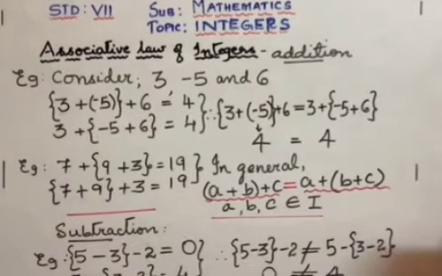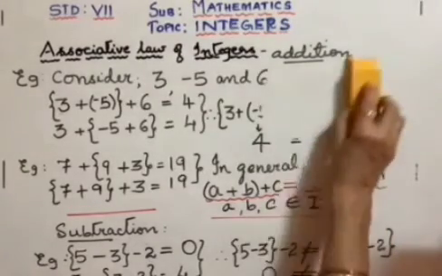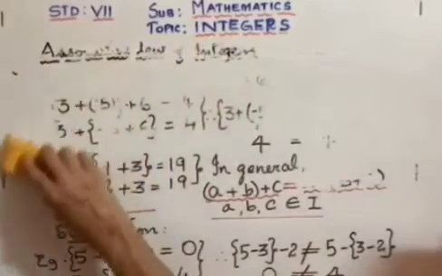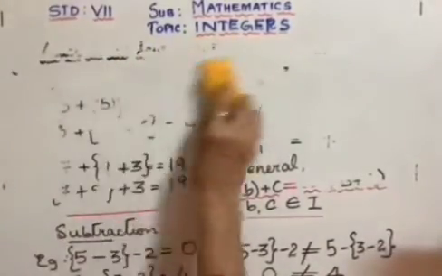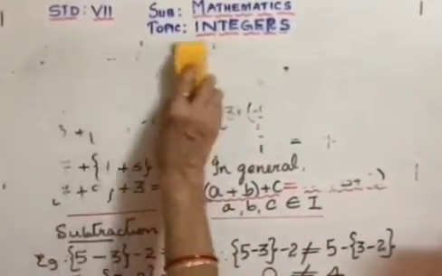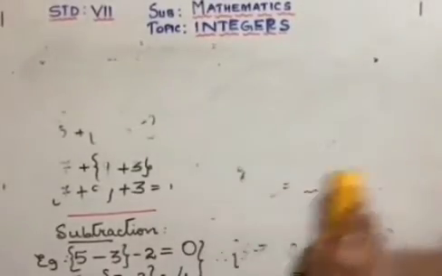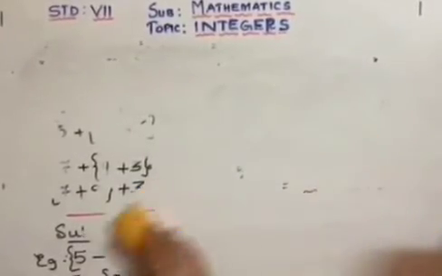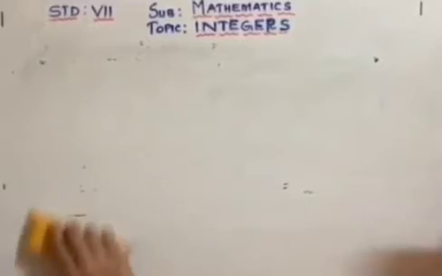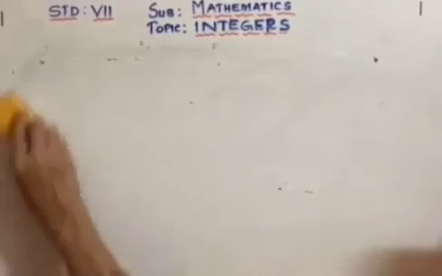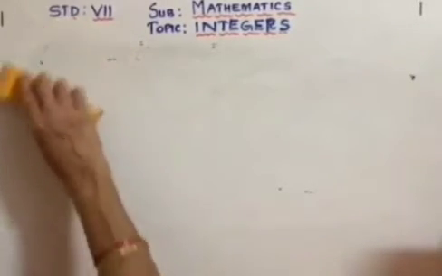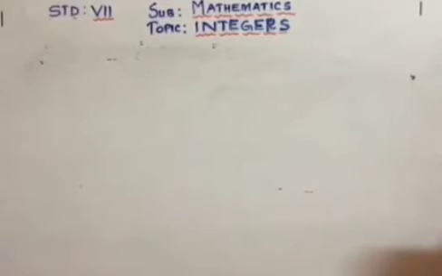Now, the next property of integers is, if you have done it in whole numbers, I'm sure some of you or most of you or all of you must have recalled what it is.